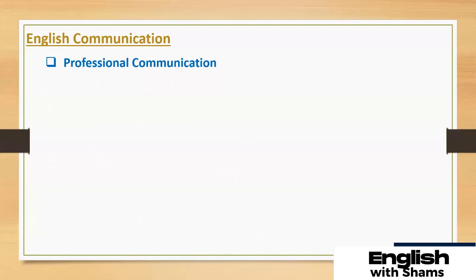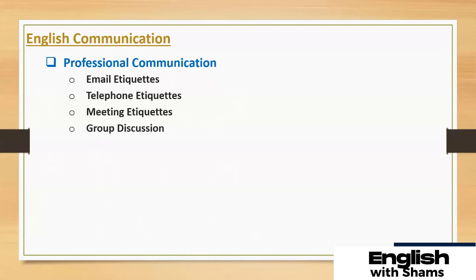And then we have English communication, professional communication, like email etiquettes, how to write emails in a correct format, or we can say the way the email should be drafted.